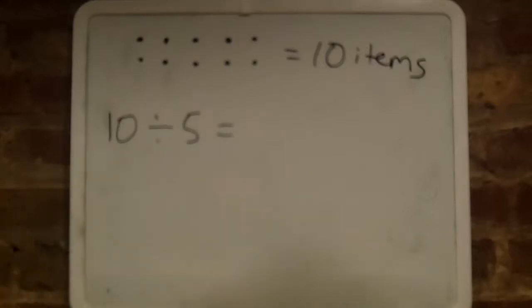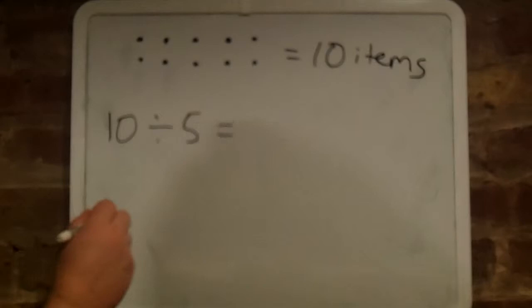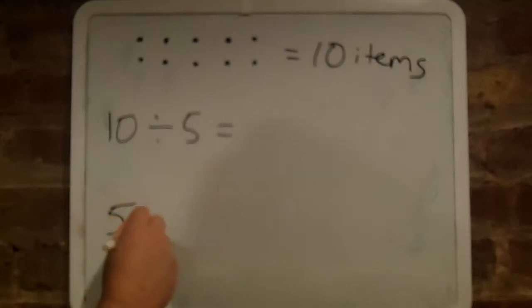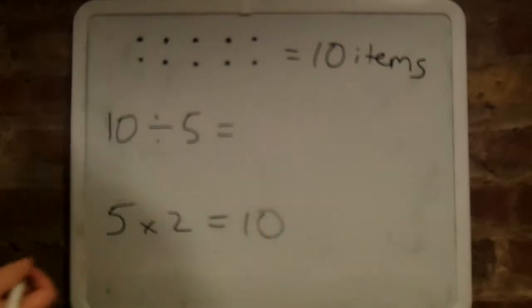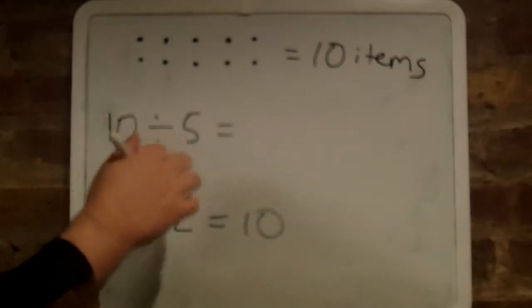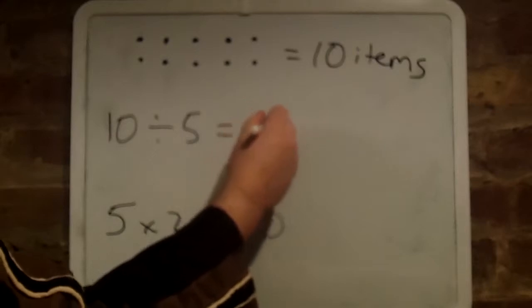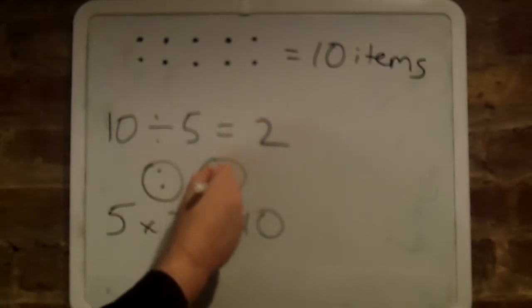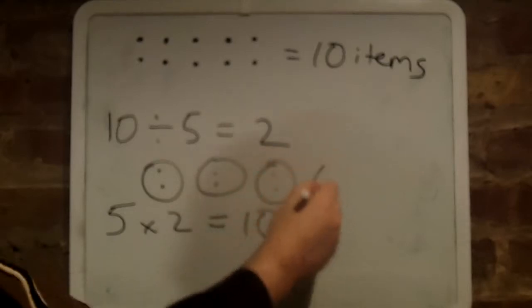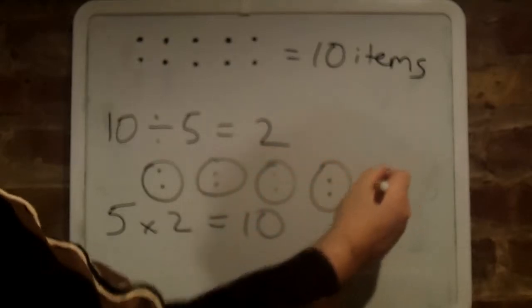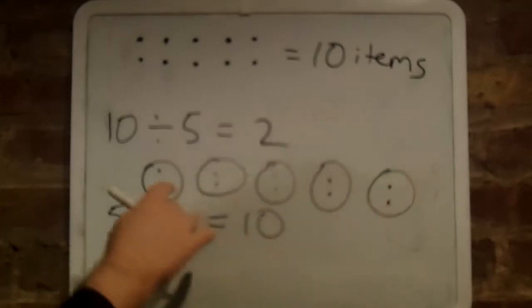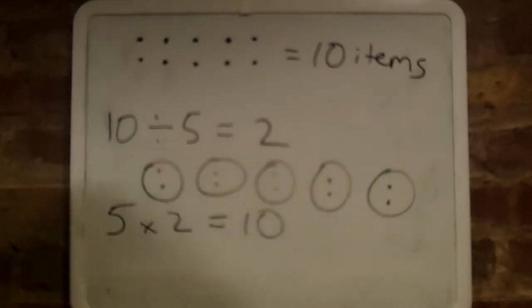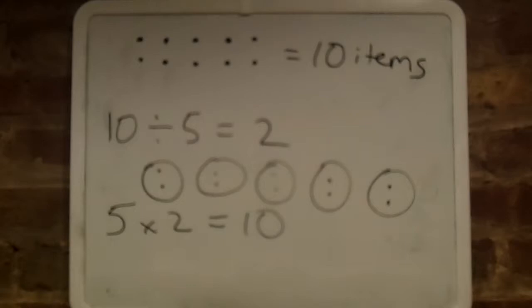So if I have 5 groups with 2 in each group, that gets me to 10, right? 5 groups of 2 in each group is 10. So that means that if I take 10 and divide it into 5 groups, there's going to be 2 in each group. So there's 1 group, 2 groups, 3 groups, 4 groups, 5 groups. So we have 5 groups, 2 in each group. So that's how we would divide 10 into 5 even groups.